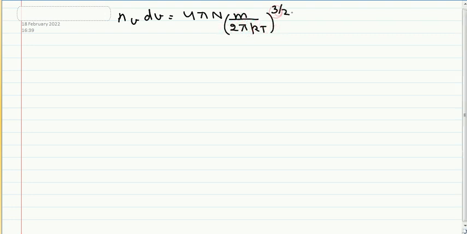So it is nV dV is equal to 4 pi n, then m upon 2 pi kT to the power 3 by 2 and then v square e to the power minus mv square upon 2kT and dV. So this is our distribution function for the speed. Now we have to find out the average speed.